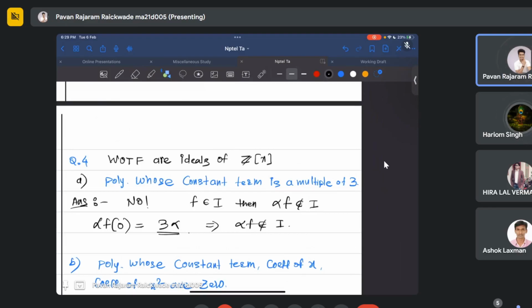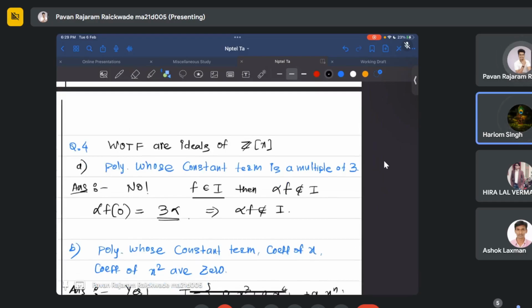Suppose you take f from I, that means its constant term is 3. For example, suppose f(x) equals x plus 3. This is a polynomial. Suppose I multiply this with a polynomial r, where r should be in Z[x]. If I take any polynomial from Z[x], what happens to rf?